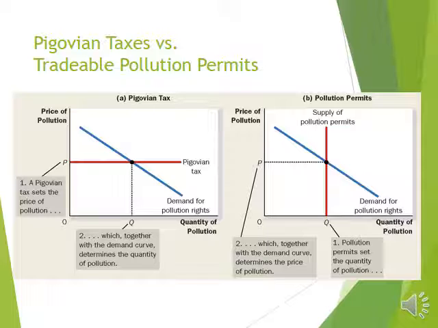And then basically you would have a perfectly inelastic supply line. And so where that intersects with the demand curve, that creates the price of pollution. That will be the price that people who pollute more are willing to pay, and people who are polluting less will be willing to sell their excess pollution permits at that price.